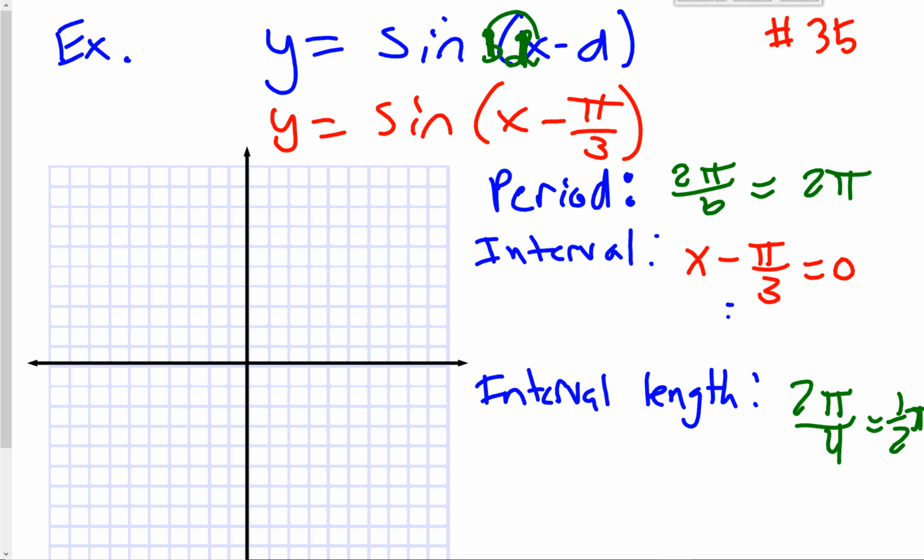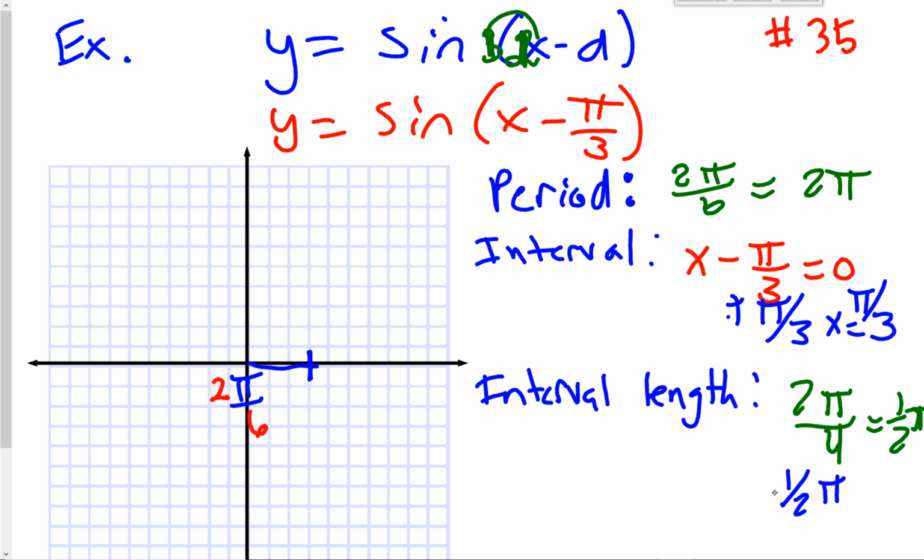So I add pi thirds to both sides, so x equals pi thirds. That's where I'm going to start. Instead of starting at 0, I'm going to start at pi thirds. Now I just add my interval length, which is 1/2 pi. Here I have to make sure I have the same units, so I need to switch this one. Instead of pi thirds, it's 2 pi sixths.